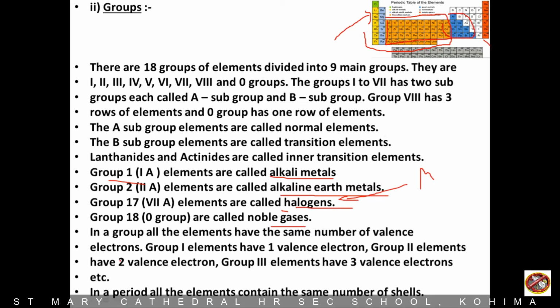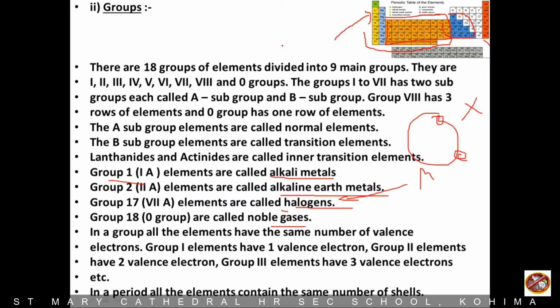Why do we call noble gas here? They have secured the outermost shells. That is why they are noble gas, where they mean that they need not go and react anymore. They have become stable.